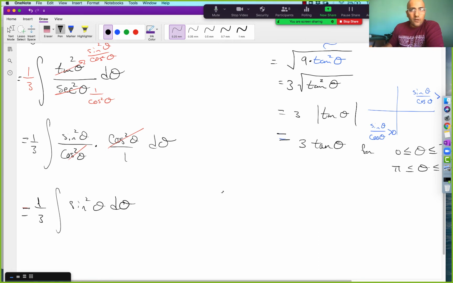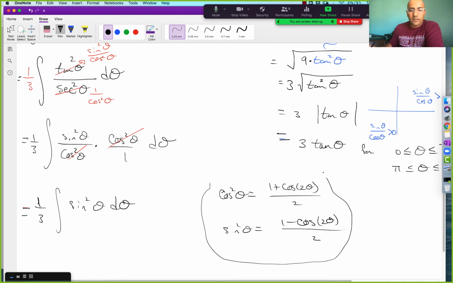So for cosine squared theta, it's equal to 1 plus cosine 2 theta over 2. And for sine squared theta, it's equal to 1 minus cosine 2 theta over 2. So that's the one we're going to use. Little box here. This is from trig. Fun with trig.